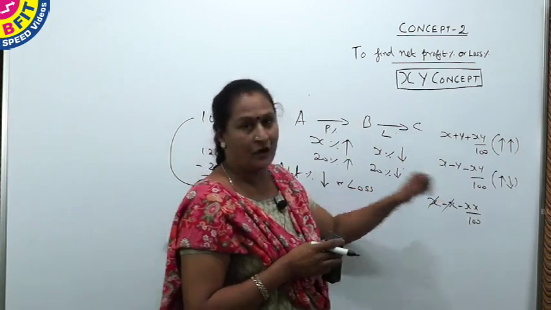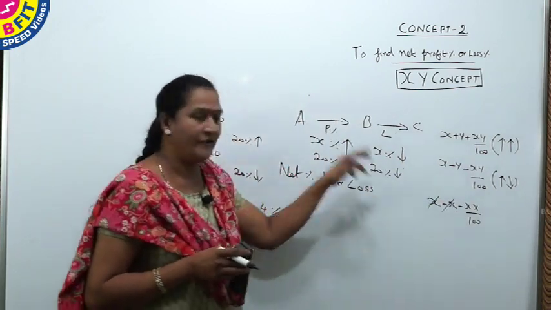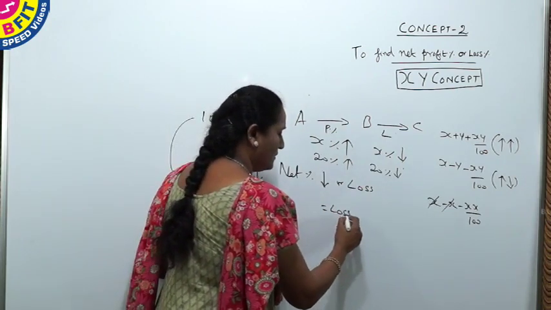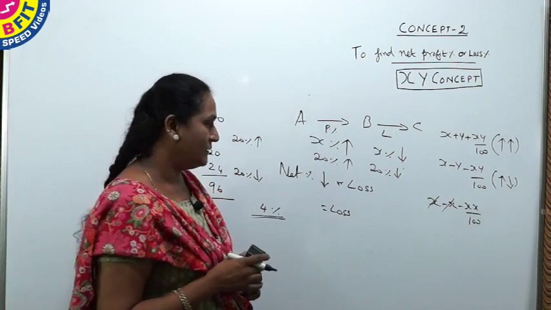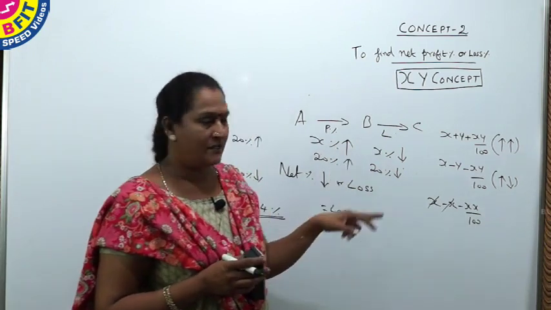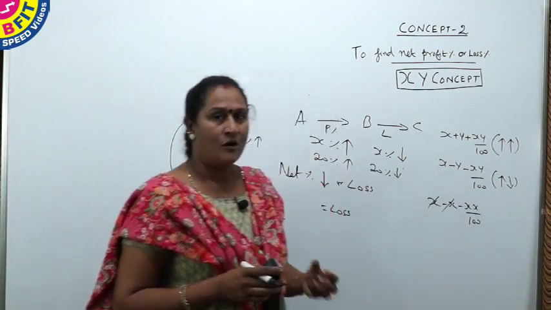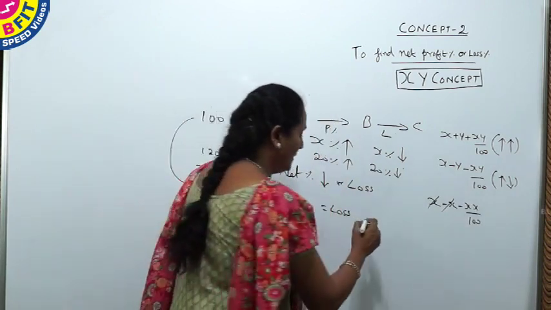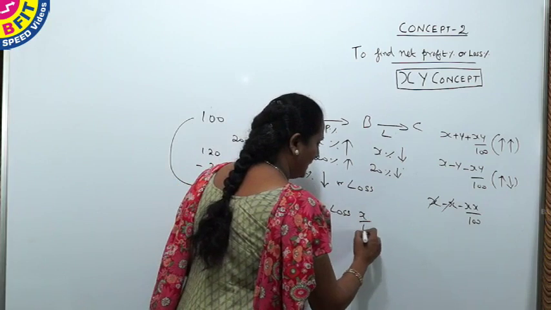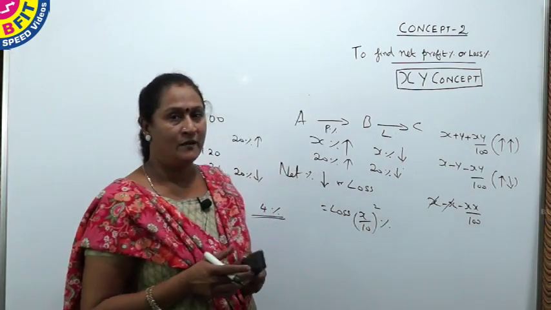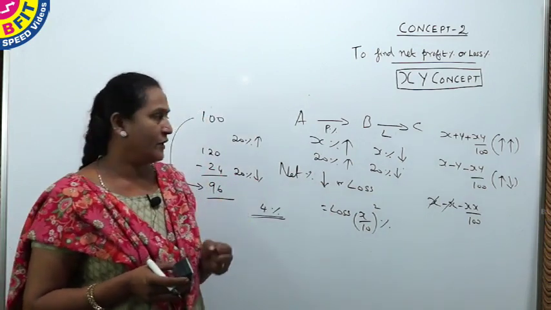So what is the overall effect? Minus. The overall effect is minus, which implies it is a loss. So what will be the percent? x is the same percent increase and decrease. So we have got minus x square by 100, or the single discount is got by (x by 10) the whole square percent loss. So this question is also an important one.